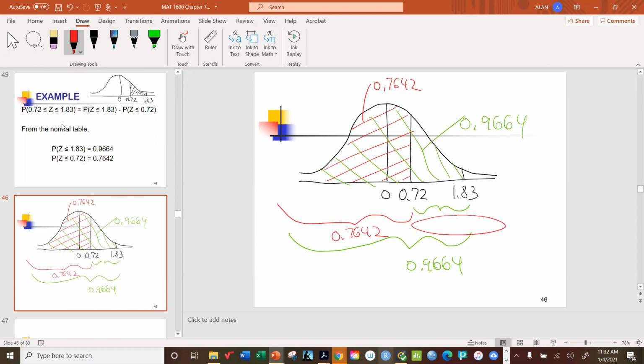And what's left over is what we're looking for. In other words, the green only section. So we subtract and we're going to get 2024.